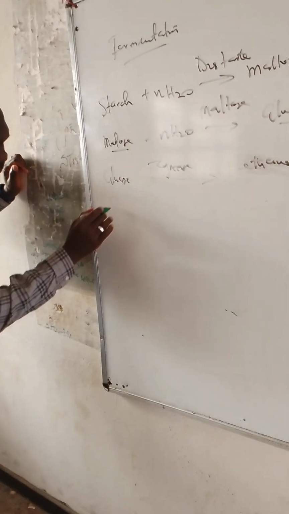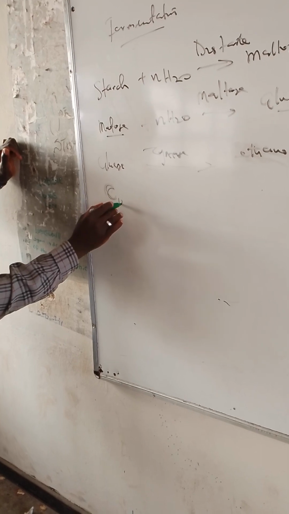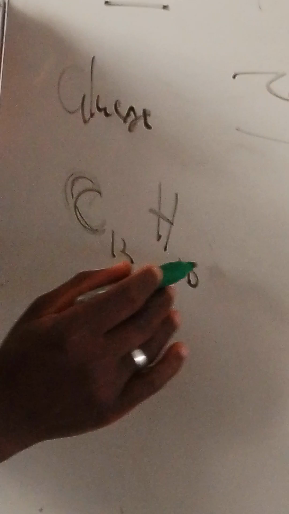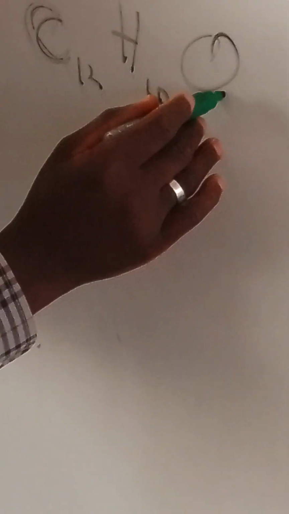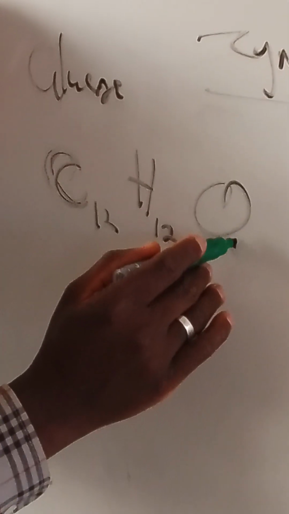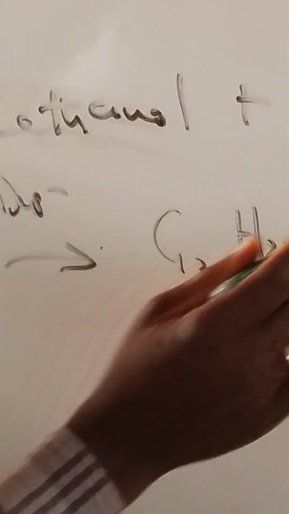If we have the starch, (C6H10O5)n, plus water, under the diastase, we are going to have C12H22O11, which is our maltose.